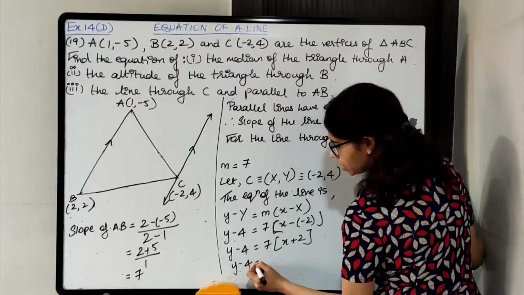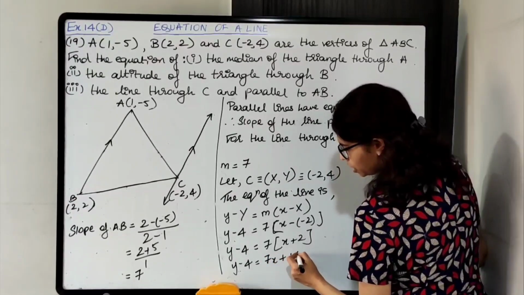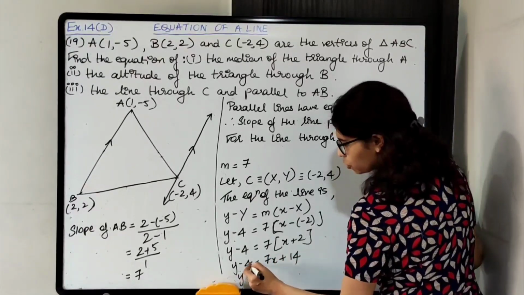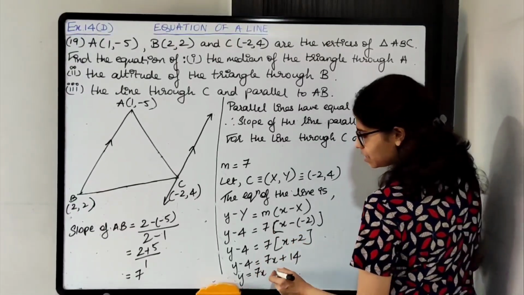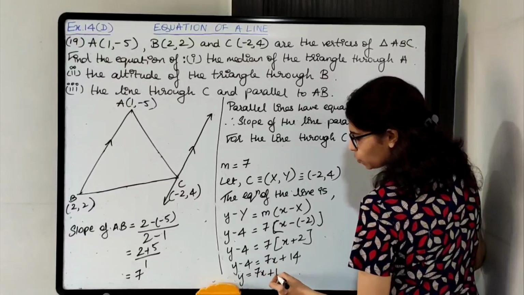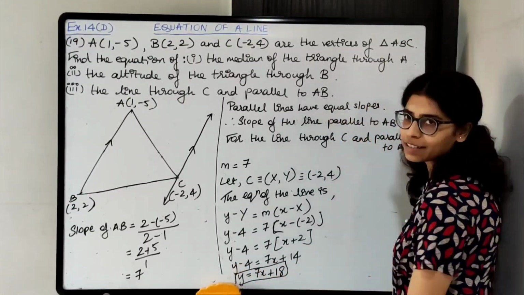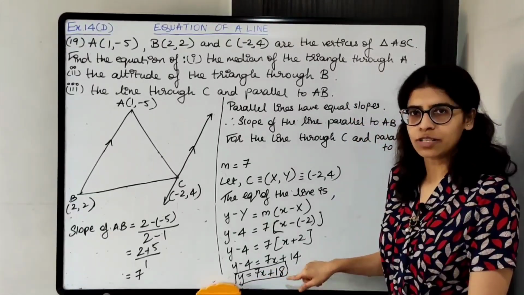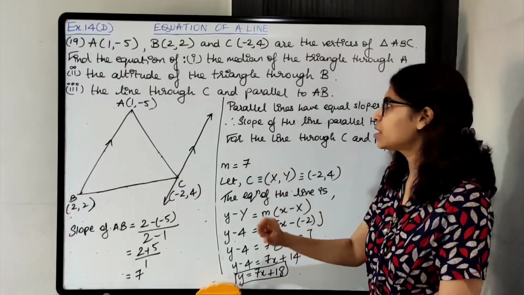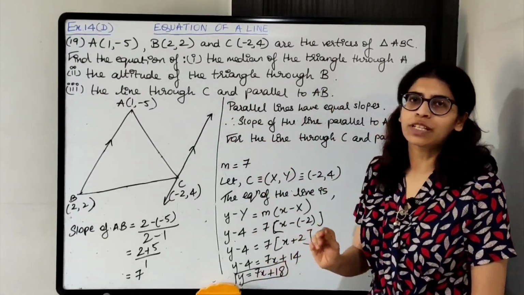Y minus 4 is equal to 7x plus 7 2s are 14. Shifting 4 on the other side. X term is positive, so keep it as it is. 14 plus 4 will give 18. So this is already in standard form. So y is equal to 7x plus 18. Box the equation, write down the final statement. The equation of the line through C and parallel to AB is y equals to 7x plus 18.